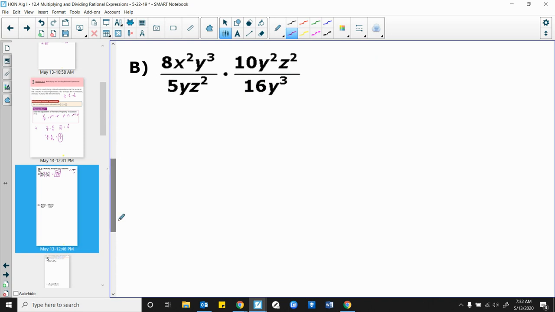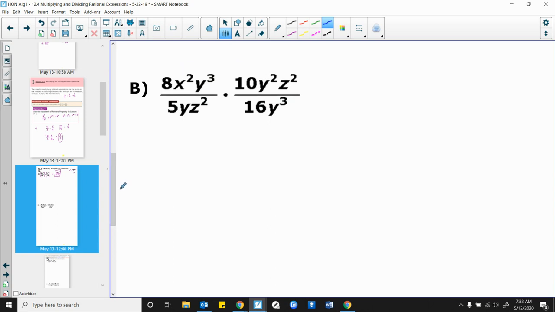All right. Now here, we can cross cancel a little bit, okay? As far as what we can do here, we're going to look at crossing here. All right, let's peek here. I have an 8 and I have a 16. How many times does 8 go into 8? Well, it goes in once.